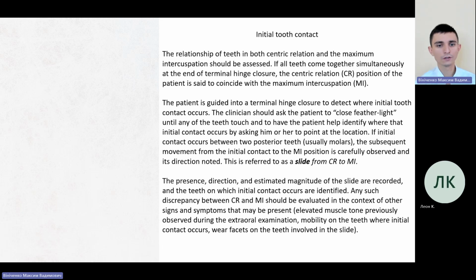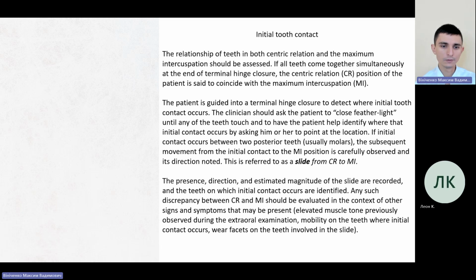If initial contact occurs between two posterior teeth, usually molars, the subsequent movement from the initial contact to the MI position is carefully observed and its direction noted. This is referred to as a slide from CR to MI. The presence, direction, and estimated magnitude of the slide are recorded, and the teeth on which initial contact occurs are identified.